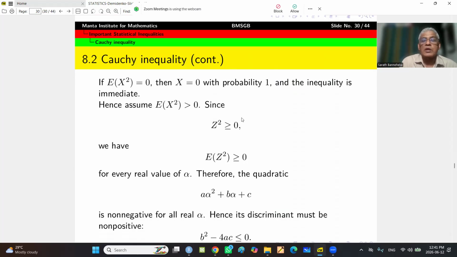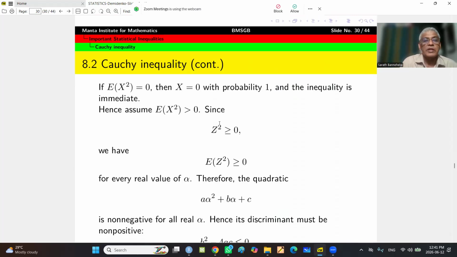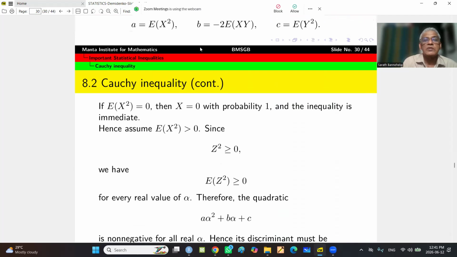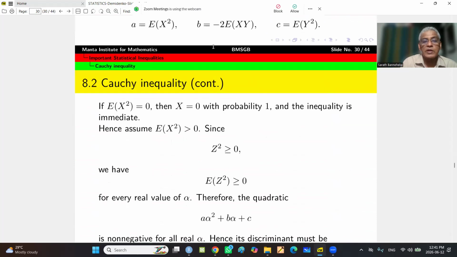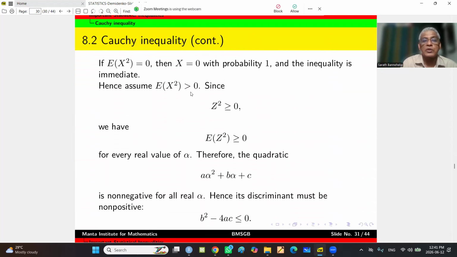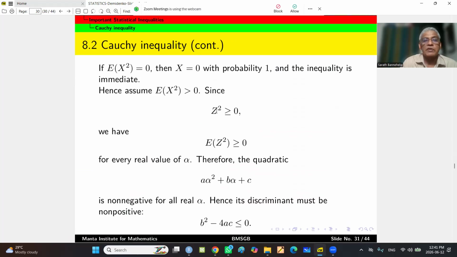Now also Z squared that we defined here: Z is a random variable, so Z squared is always greater than or equal to 0. Therefore, the expected value of Z squared should also be greater than or equal to 0 for every real value of alpha, because Z squared is a function of alpha here.